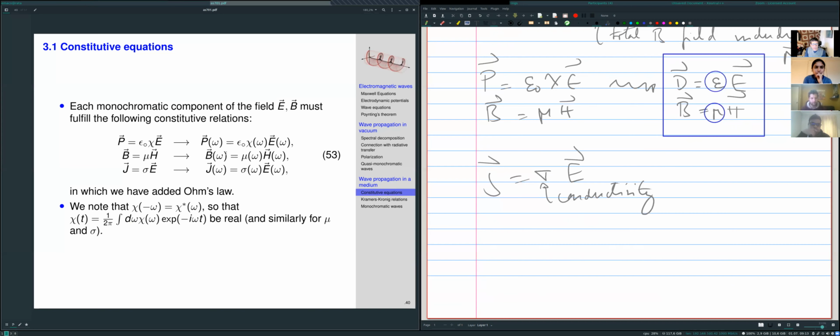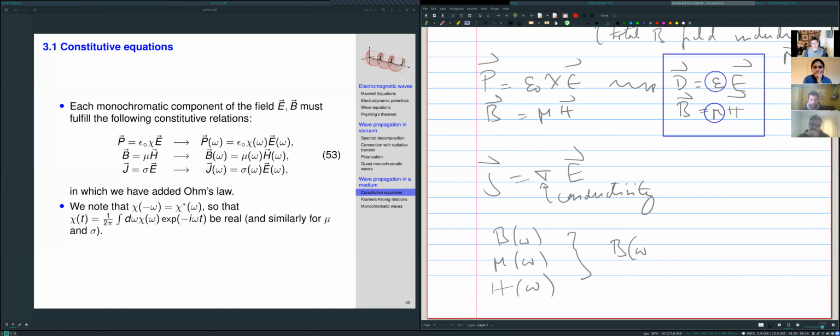Each harmonic component of B should also respond to a constitutive relationship, and we could also decompose spectrally the magnetic susceptibility. So we take B of omega, we take mu of omega, and we take H of omega, and we say it's just the same as the total signal.